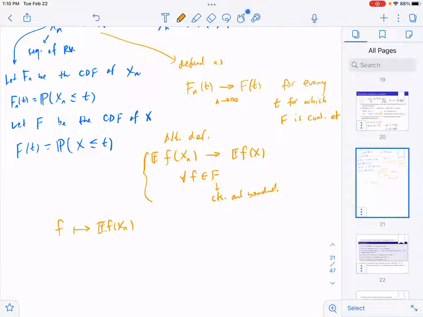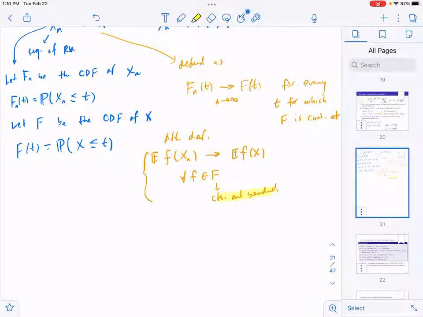So instead of looking at the distribution, you can see what are the expectations of functions of this random variable. Basically integrals against the measure, which is the distribution of Xn. And if for sufficiently many of these f I have this convergence, then the distributions have to be close. And the technical idea is that if I require it for continuous and bounded f, this would be enough.